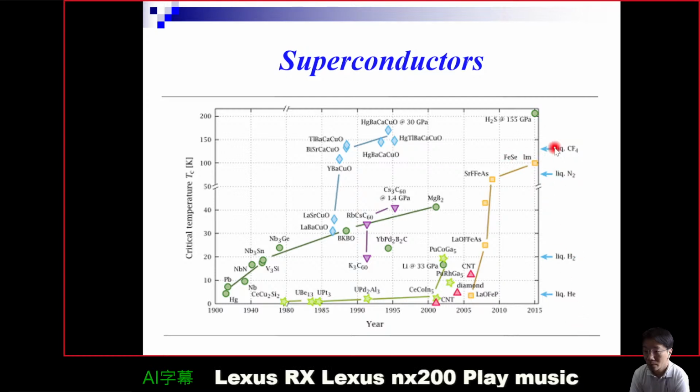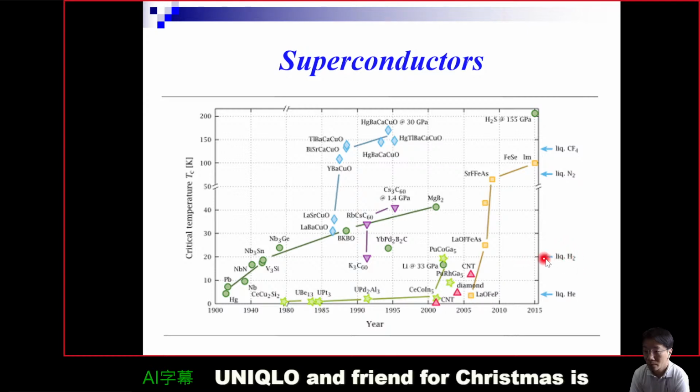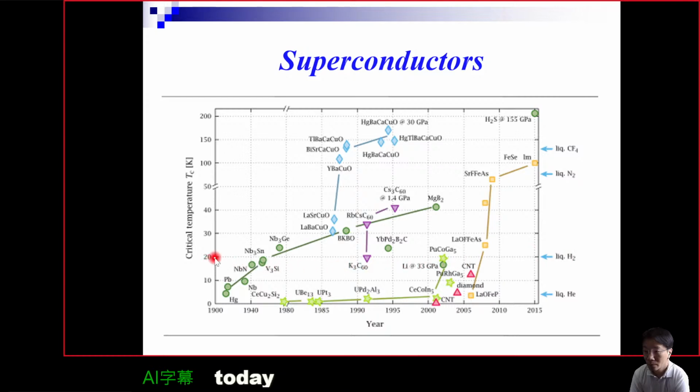And here is the label. The liquid helium temperature is about 4 K, so all of this kind of superconductor you need to cool down with liquid helium. And for liquid hydrogen, its boiling temperature is 20 K, so all of this kind of superconductor you need to cool down with liquid hydrogen.